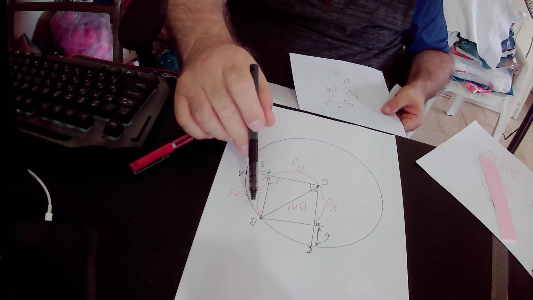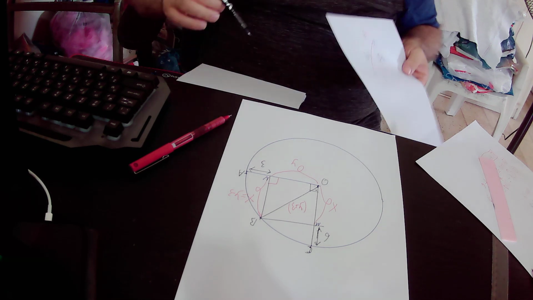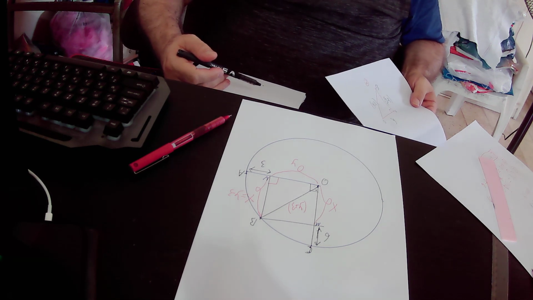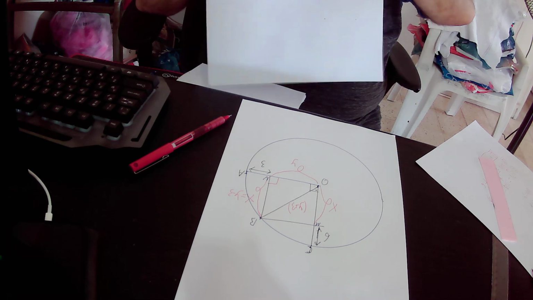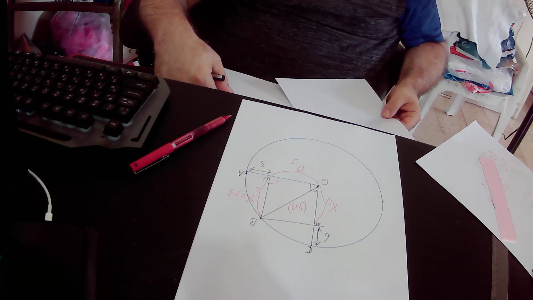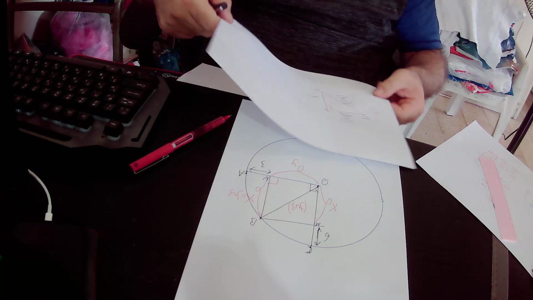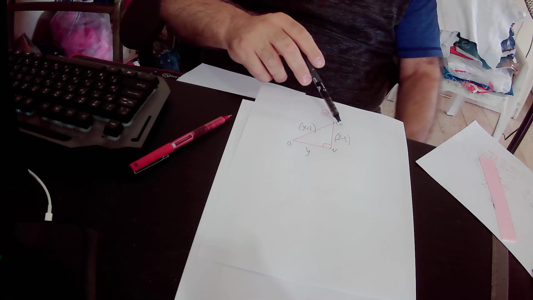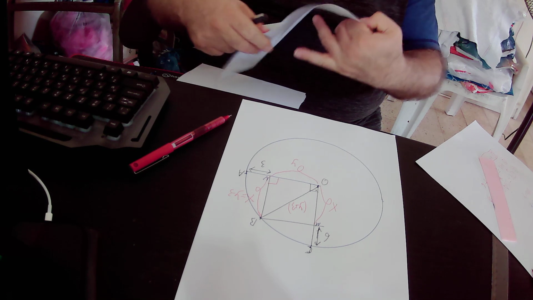After we find the value of y, we will add 3 in order to get the radius. According to the Pythagorean theorem, the square of the hypotenuse equals the sum of the squares of the perpendiculars, or y square plus y minus 3 square equals y plus 3 square.